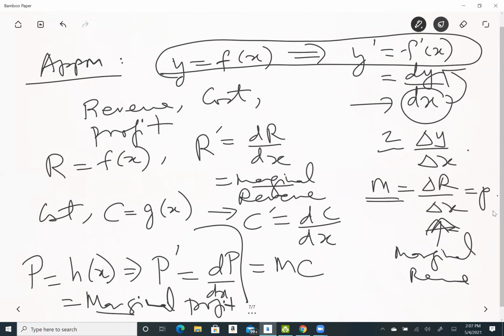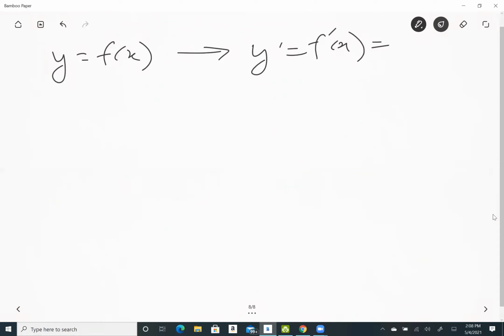All right? Because the slope, we think of it as the derivative, the slope at a point. So that's related to the slope. It's just that now we're talking about slope at a point. So again, if you look at the function in economics, y equal to f of x, the derivative y equal to f prime of x equal to dy/dx, we call simply marginal.